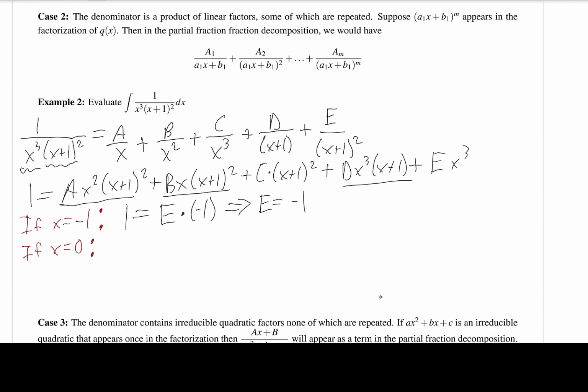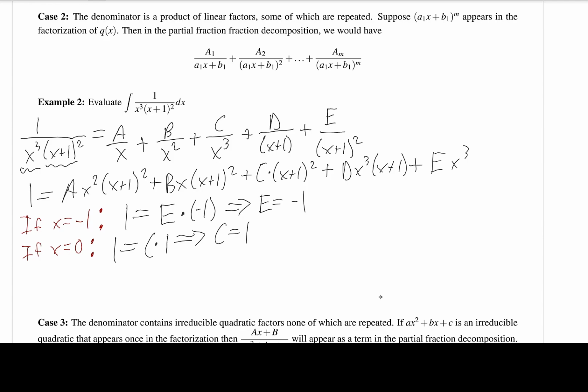That has an x cubed, so that has to be 0. That has an x cubed, so that has to be 0. So I'll just be left with the c times x plus 1 squared. Okay, so I get 1 equals c times 0 plus 1 squared, so c times 1, which means that c is equal to 1.